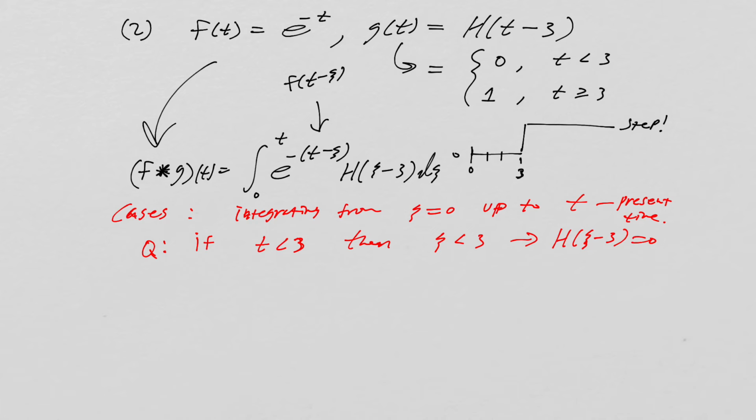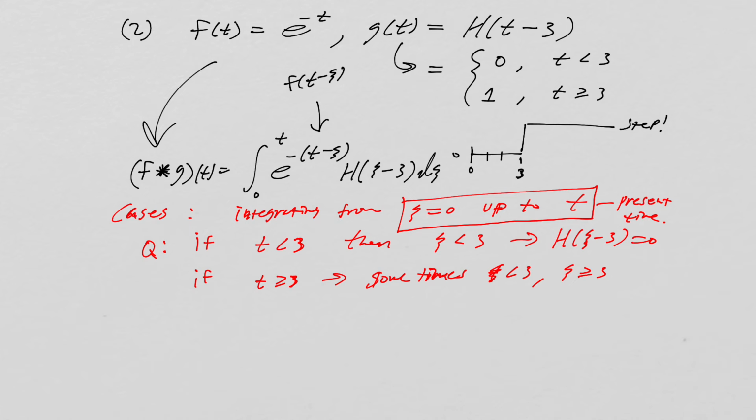And if t is greater than 3, then sometimes c is going to be less than 3, and other times c is going to be greater than 3, because we're integrating c from 0 up to t.